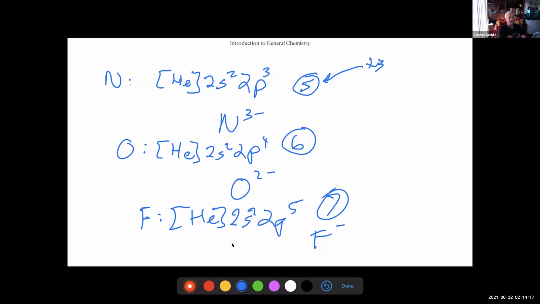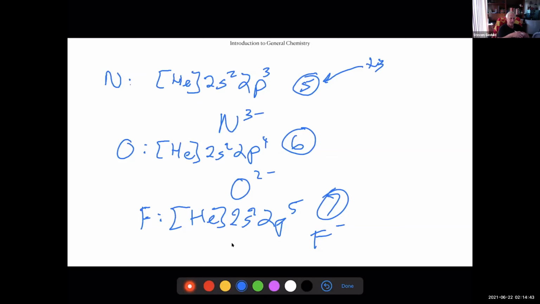Nitrogen group column is -3. Oxygen is -2. Fluorine column is -1. And then the noble gas is 0. So if you write on your periodic table, write +1, +2, skip the transitional metals, +3, 0, -3, -2, -1, and then 0 again. And that's how we determine the charge on our elements.